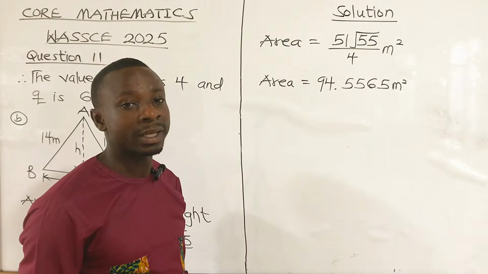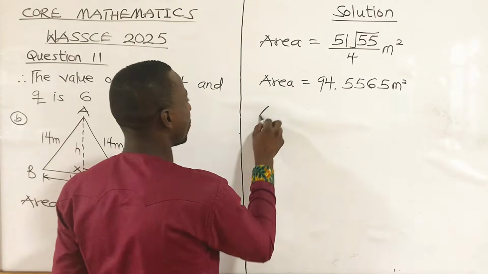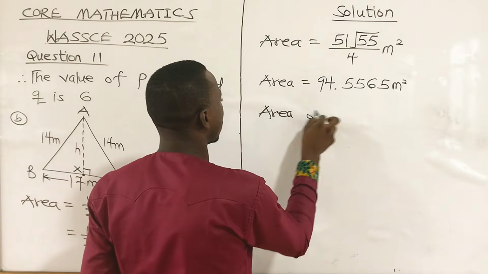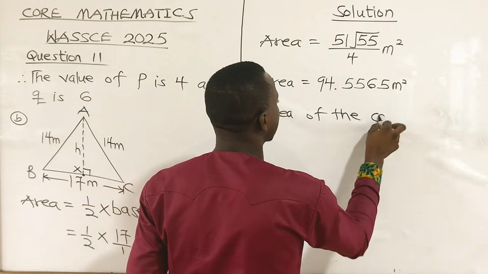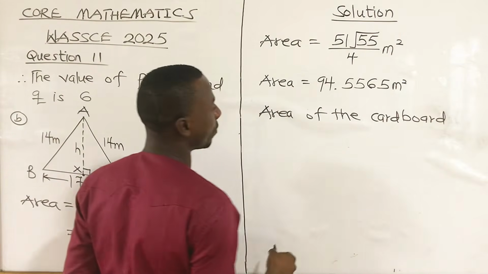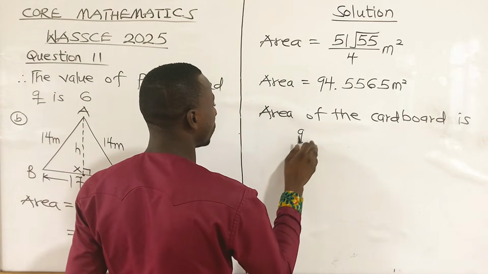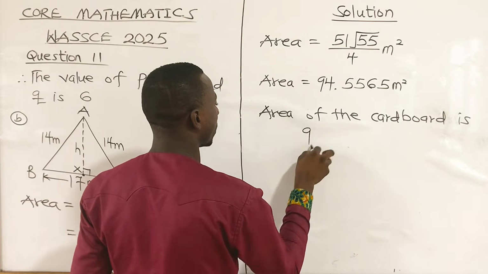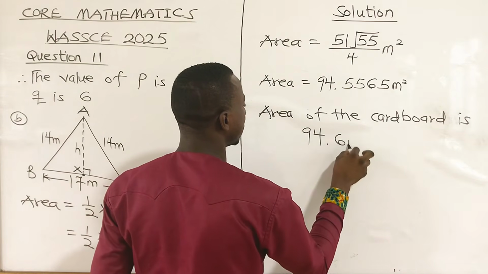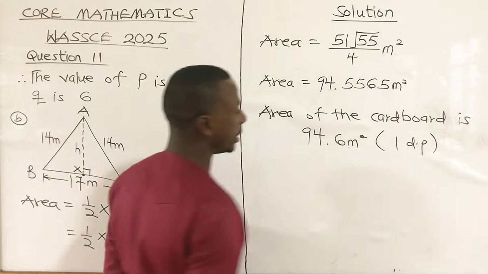Because what is following is also 5, we are going to add 1 to this. So we have the area of the cardboard, the area of the cardboard is 94.6 meters squared, in brackets 1 decimal place.